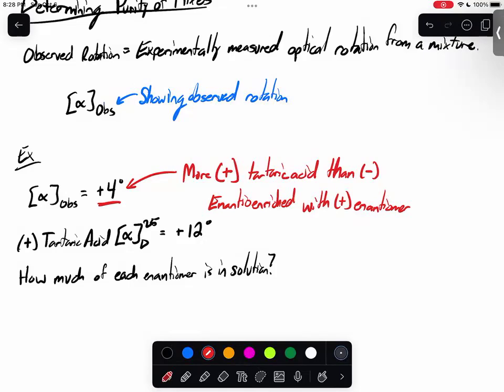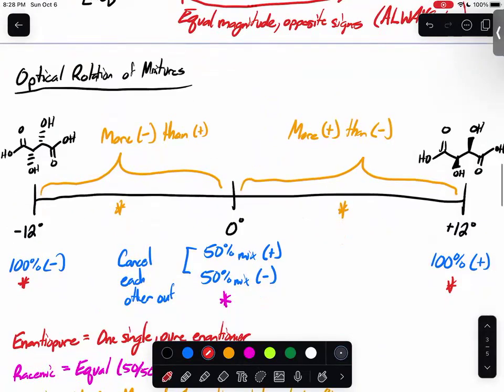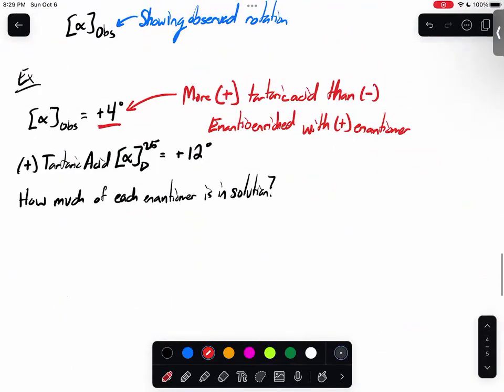And so remember, if we're looking up here at this little chart, the reason we know that is because we're between this value of 0 and this value of 12, right? Because we know that the specific rotation of tartaric acid is plus 12. We're seeing plus 4, so we fall somewhere in this orange zone here. Okay? So we know there's more of that, but how do we find out how much more?